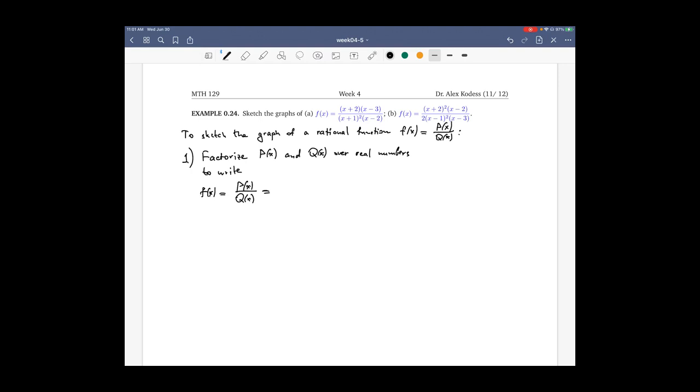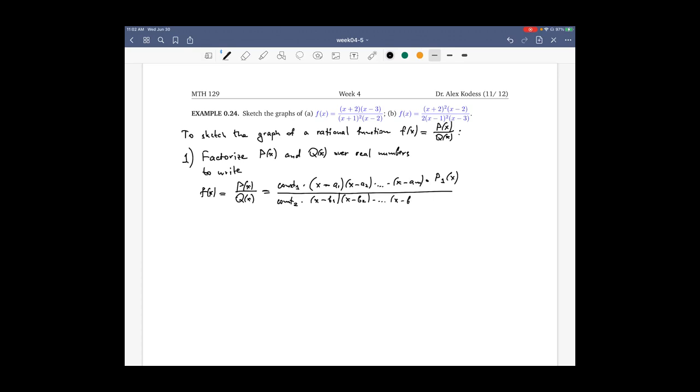Well, when you factorize them, the factorization will be some constant, let's call it constant 1, times x minus a1, x minus a2, x minus am, times some polynomial p1, over also some constant, constant 2, x minus b1, x minus b2, x minus b.